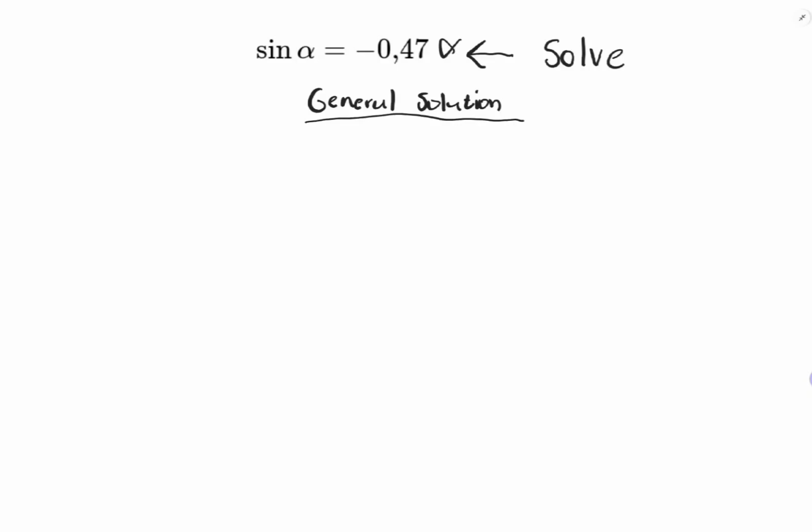With the general solution, we know that we have to get a single trig ratio on one side first, and then on the other side it's going to be the angle of the number that we want to solve for. In this case, we want the angle of this. Firstly, the method that I recommend is, first, get the reference angle.